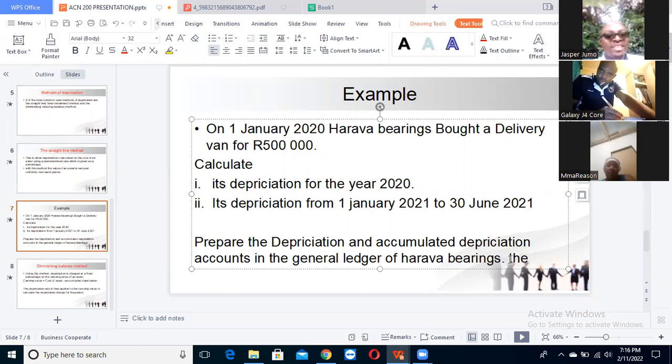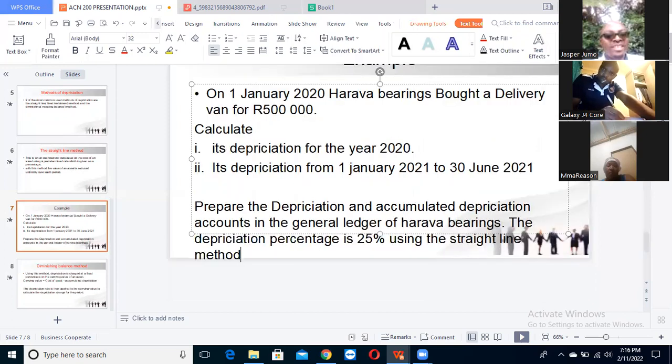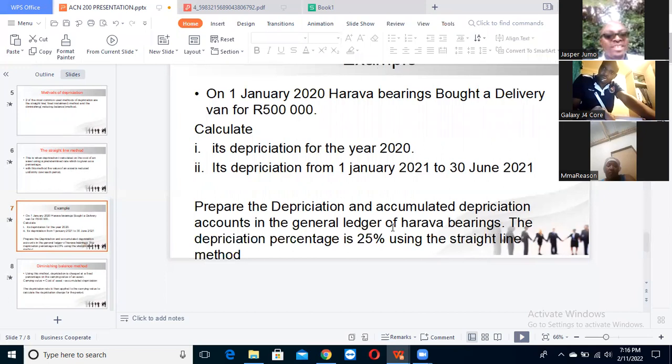So let me just put the depreciation percentage is 25% using the straight line method. So we want to calculate the depreciation charge using the 25% rate that we have been given.